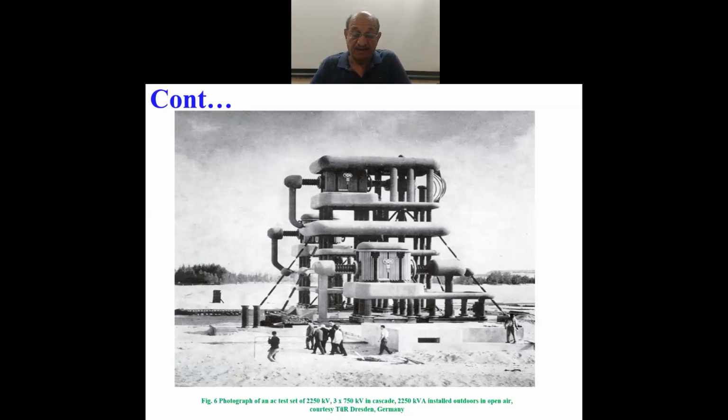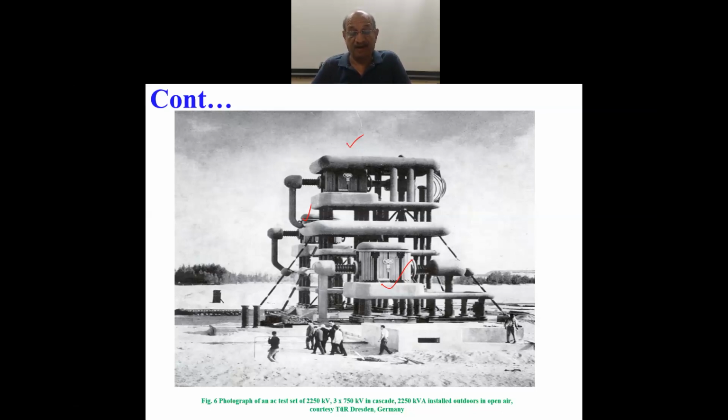And as you can see here, these are the three units. This is the first unit, the second unit is behind here, and the third unit is here. These are the three stages connected in the same fashion as I had explained for the two-stage indoor cascade.